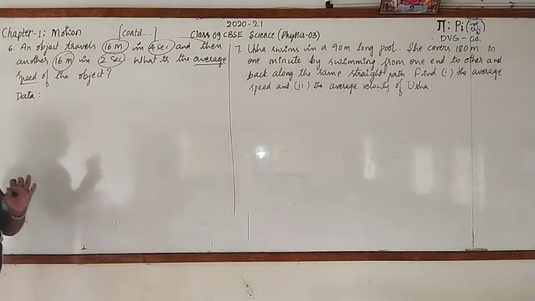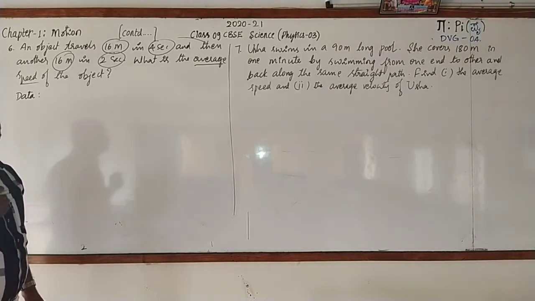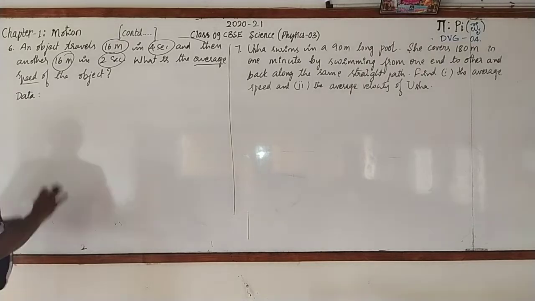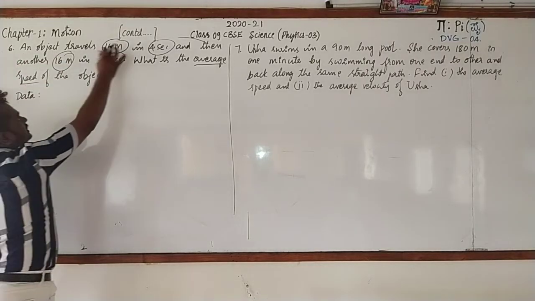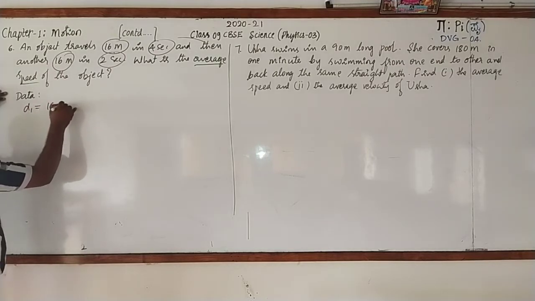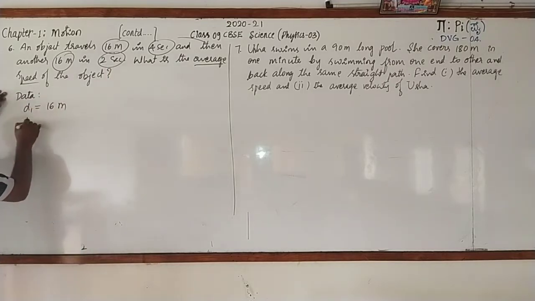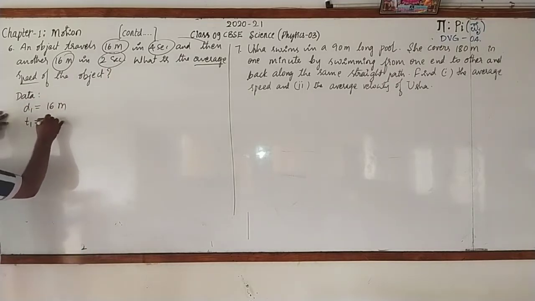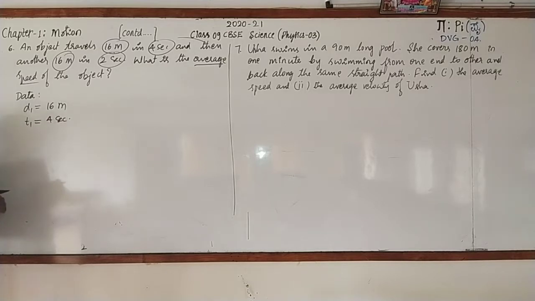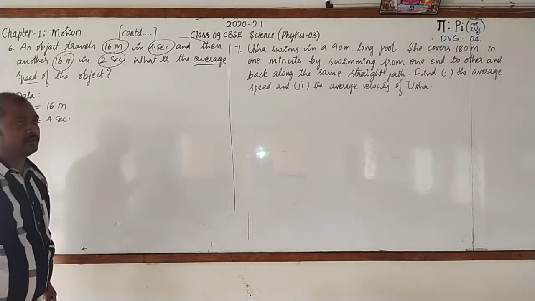So, you should not go for copying. Your complete attention should be only on my explanation. Clear? Observe. In the first case, what is the distance traveled? 16 meter. I call it D1. D1 is 16 meter. And how much time has it taken? 4 seconds. T1 is 4 seconds. What does it mean? It means that it has taken 4 seconds to cover 16 meter.